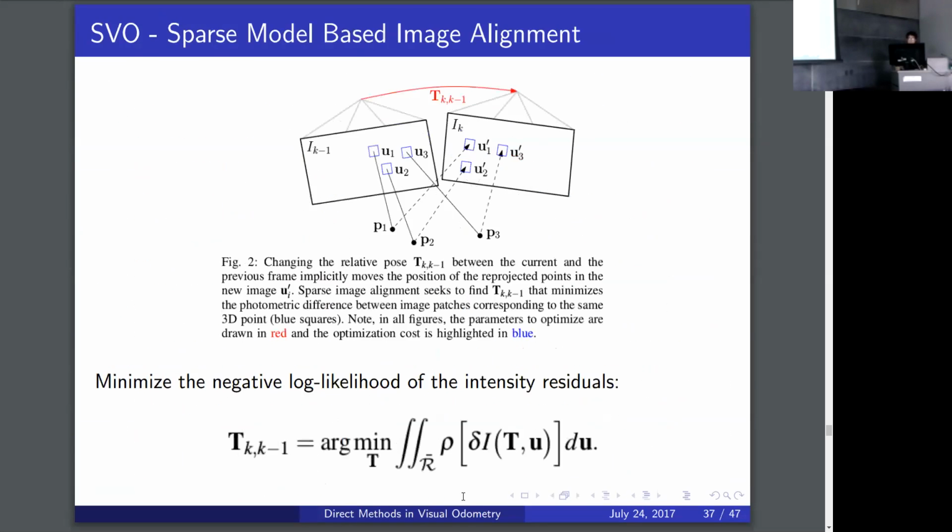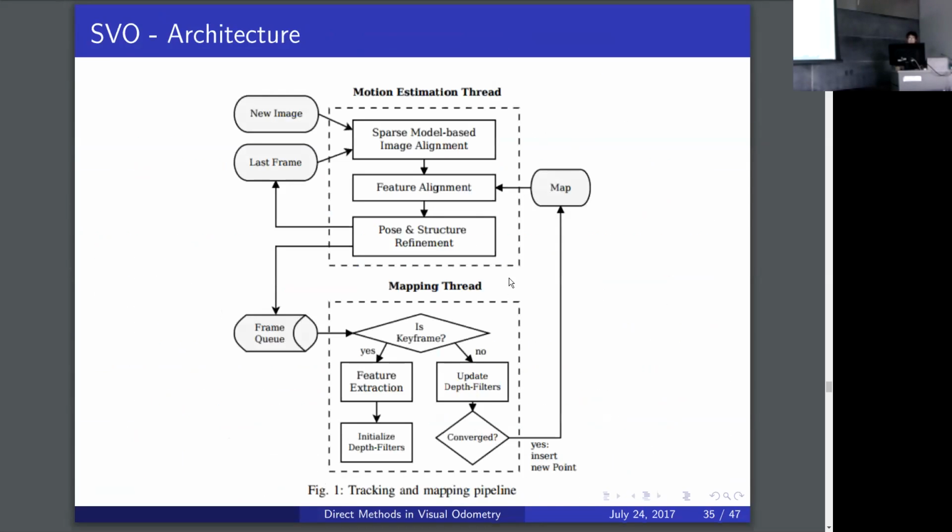So I basically made some notes: the first part already gives us the transformation between the last keyframe, it already gives us the motion information in the first stage. So why would you care about the feature alignment and structure refinement?